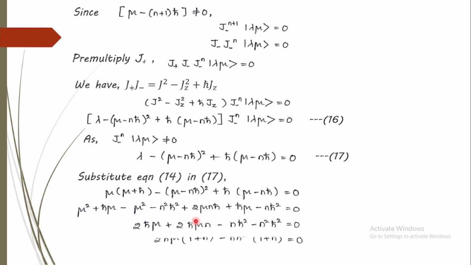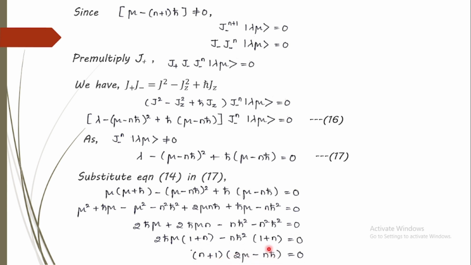Now we can collect the terms by taking common terms outside the bracket, and when we simplify, we get n plus 1 into 2 mu minus n h cross equals 0. We know that n is a number of steps, so it is a natural number, and whenever a number is added to 1, it never becomes 0.